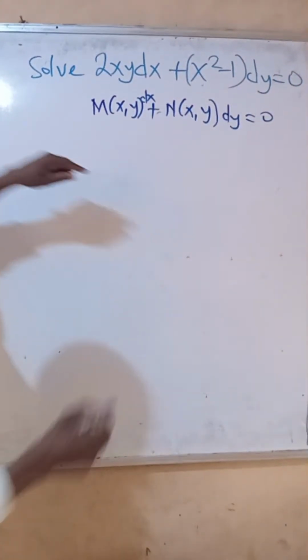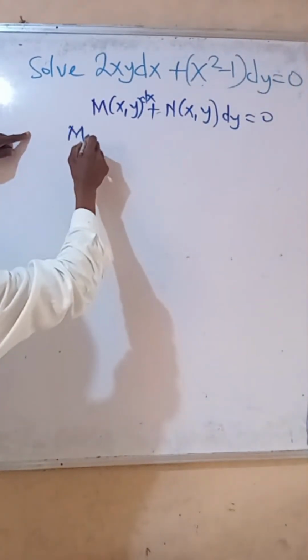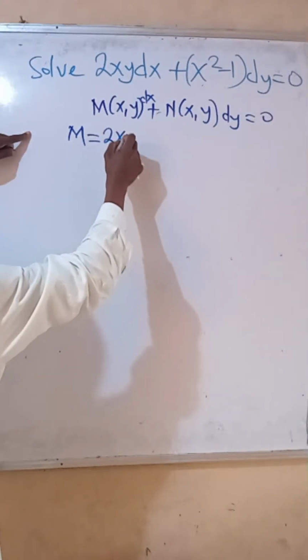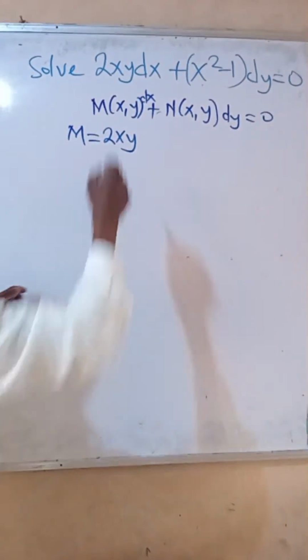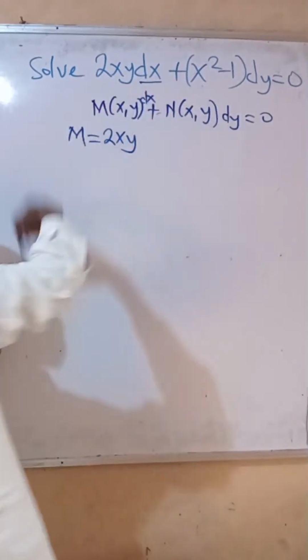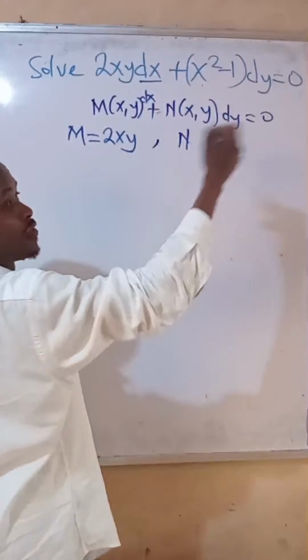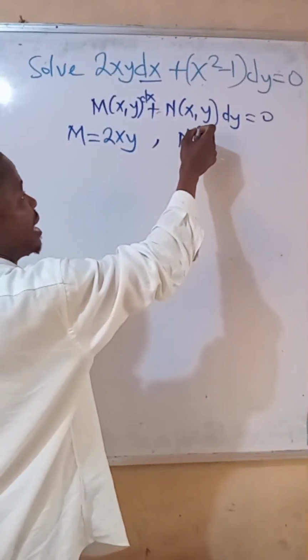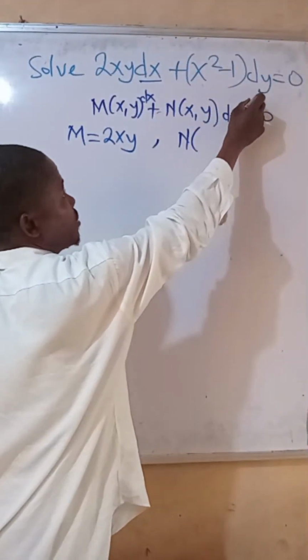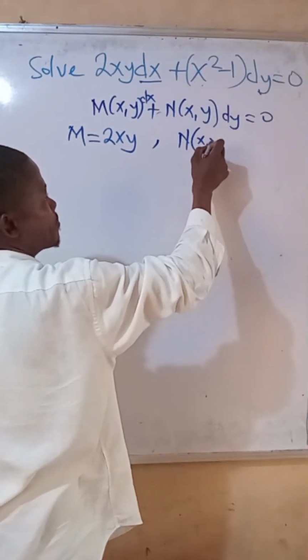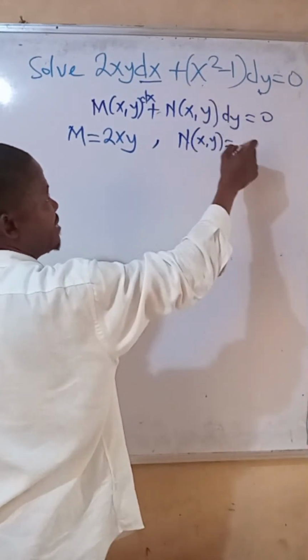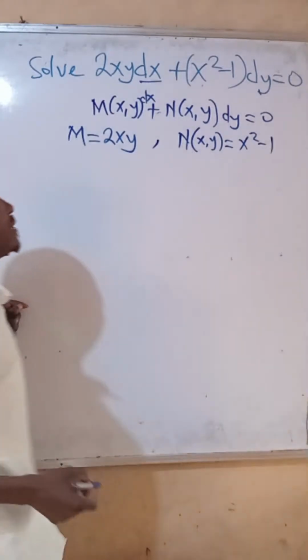If you do that, you realize that your M is 2xy. I told you the attachment to your dx is your M, and the attachment to your dy is your N, which is x squared minus 1.